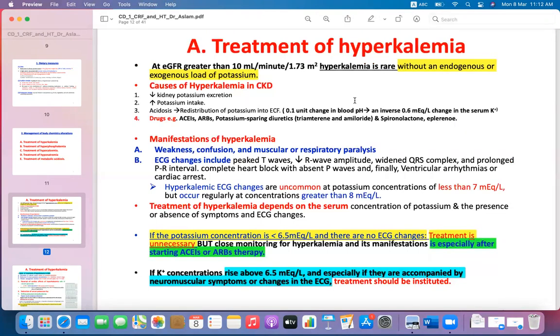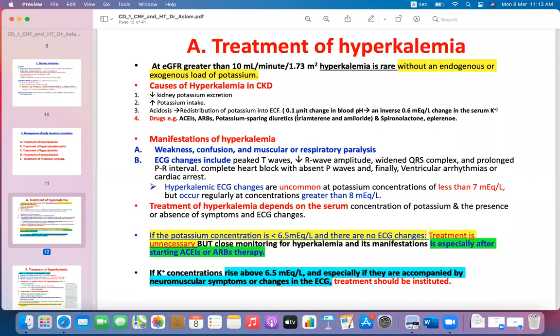At eGFR greater than 10 ml per minute, hyperkalemia is rare. But what are the causes of hyperkalemia in chronic kidney disease? Decreased kidney potassium excretion, if the kidney is not able to excrete the potassium, increased potassium intake by the patients, and acidosis, which causes redistribution of potassium into extracellular fluid.